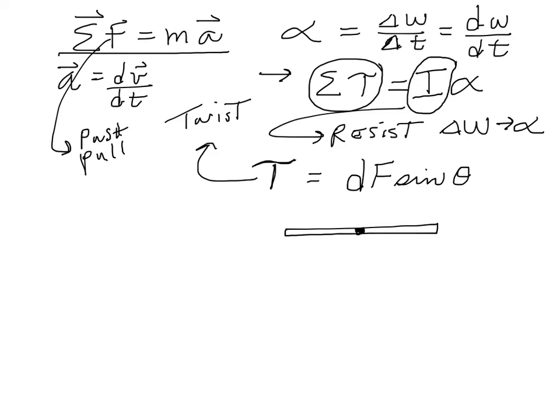So we can think of many examples. If the distance from the axis to where the force is applied is 0, the torque will be 0.